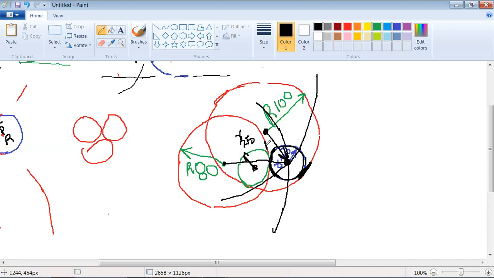In this case, because it's inside, we say minus, right? We say the radius for this 80 minus 25, that is 55.